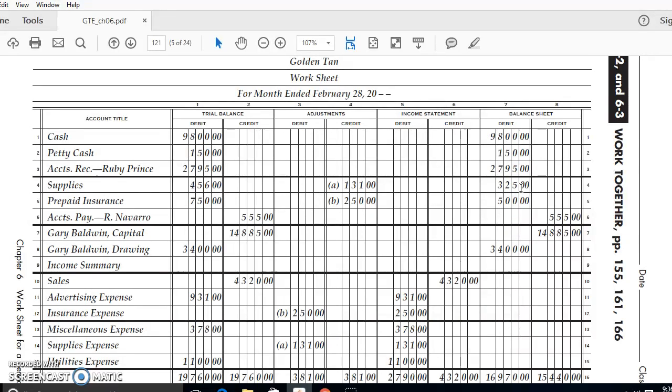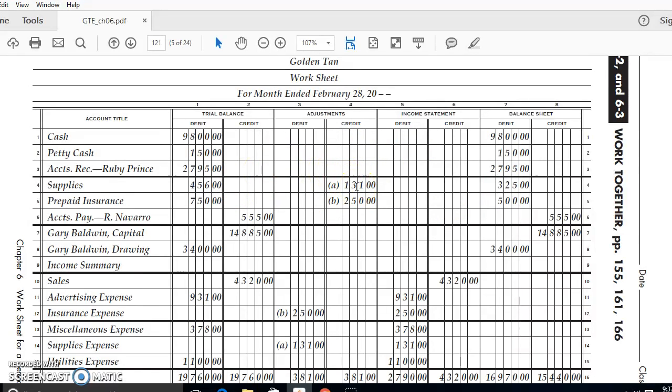Note that it says adjustment information on February 28th. That's the end of the month. So this is where you're going to put that $325. Again, we're going to subtract that from the beginning of the month balance to get the difference.